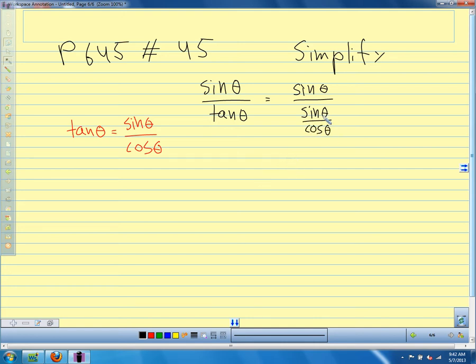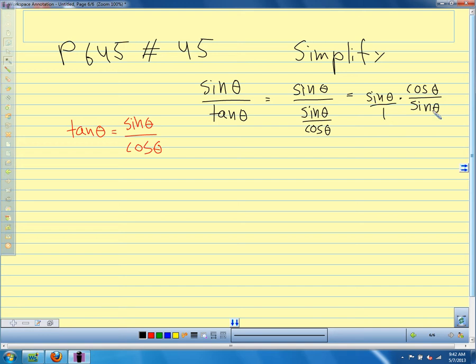When I divide by a fraction, it's the same as doing what? Multiplying by the reciprocal. So this equals sine theta times, I'm going to multiply by the reciprocal of this fraction, cosine theta divided by sine theta. This is just a fraction, this is just 1.